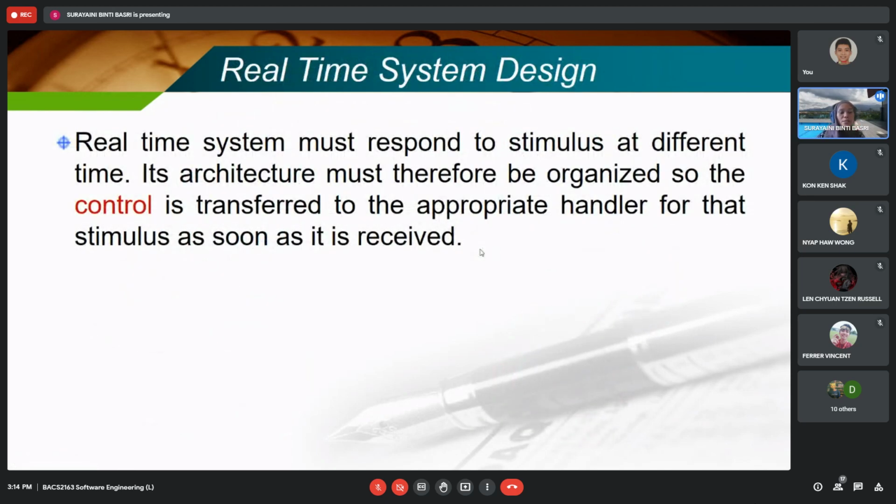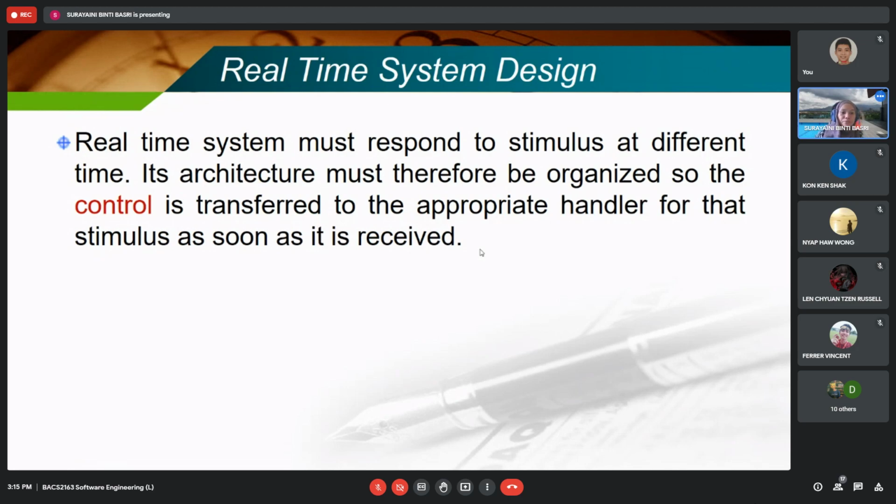So a real-time system must respond to stimulus at different times. Its architecture must therefore be organized so that the control is transferred to the appropriate handler for the stimulus as soon as it is received.